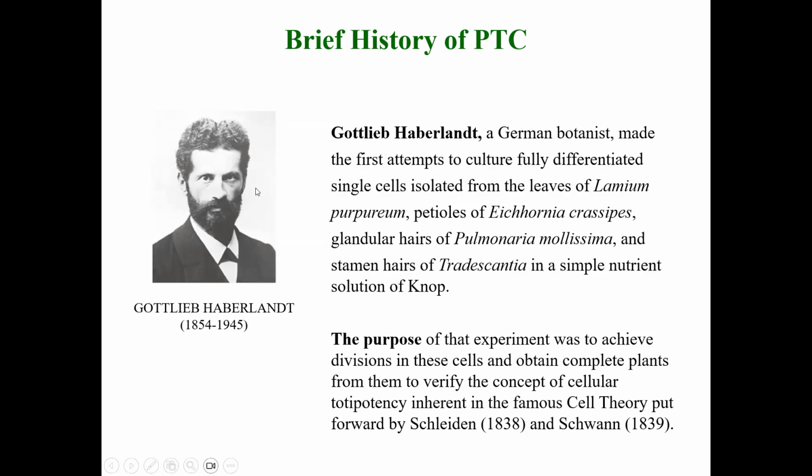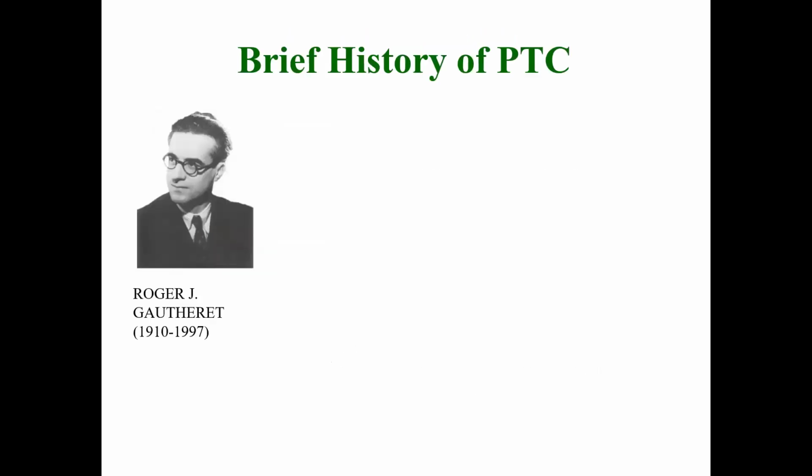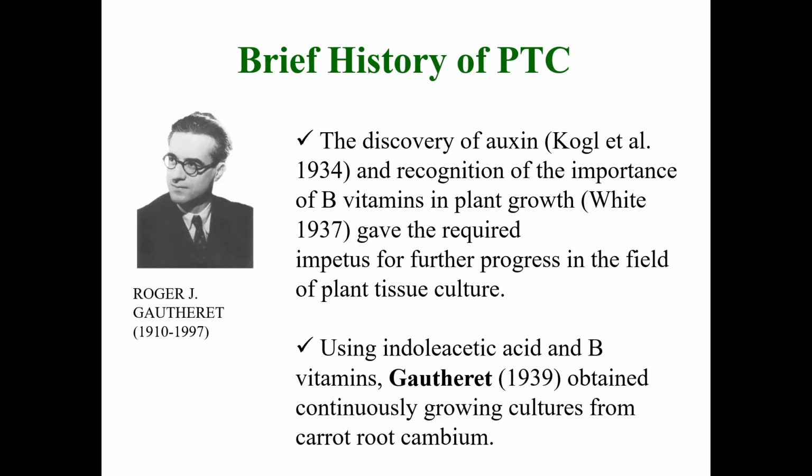Schleiden and Schwann, these two scientists in the mid 19th century, gave the cell theory, that a plant cell can be cultured to get the whole plant, that is, they are totipotent. To prove it, Haberlandt did a series of experiments and he was successful. And then Roger did some other experiment, the discovery of auxin.